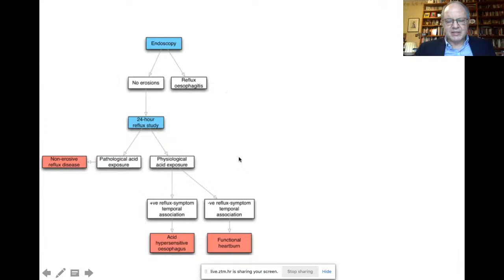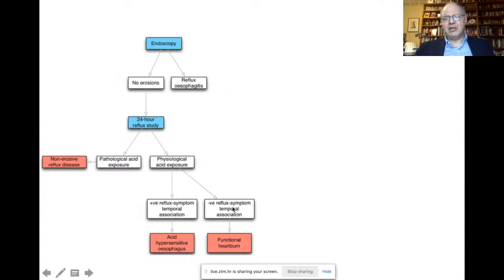In contrast, if the patient has physiological acid exposure, there are two other possibilities. That the patient has a temporal association between physiological reflux episodes and his typical symptoms, and this is what we now call hypersensitive esophagus.